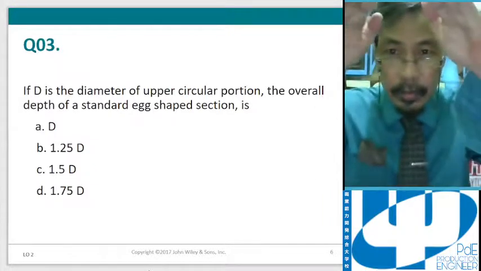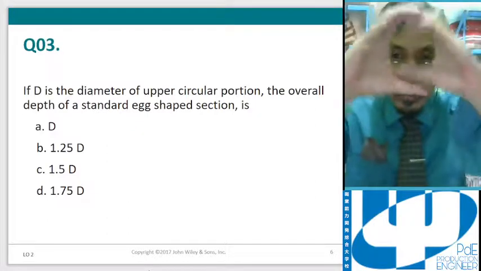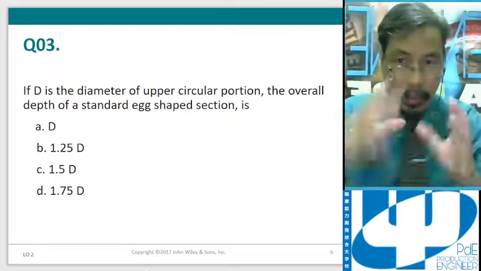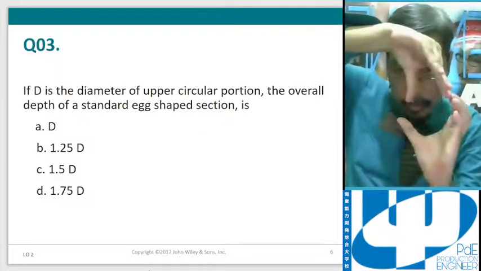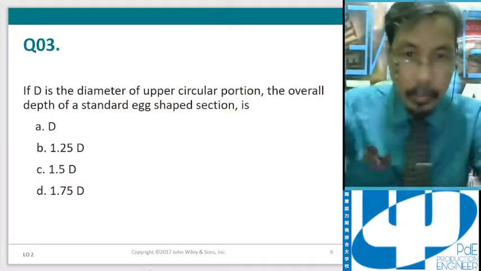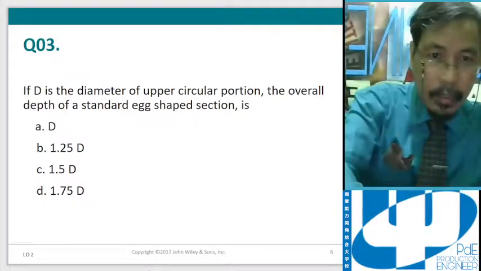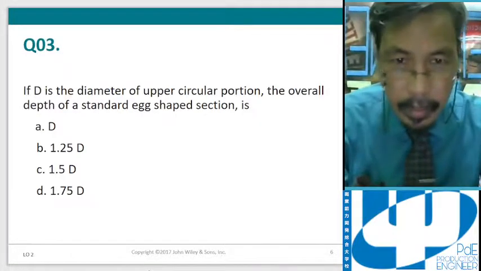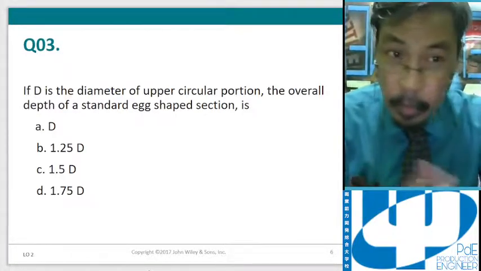So it's like an egg, no? Smaller circle here, then bigger circle at the bottom. So the diameter of upper circular portion is D, the overall depth, no?